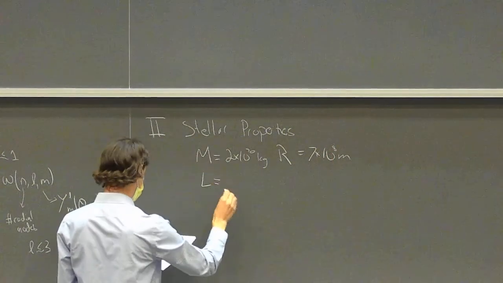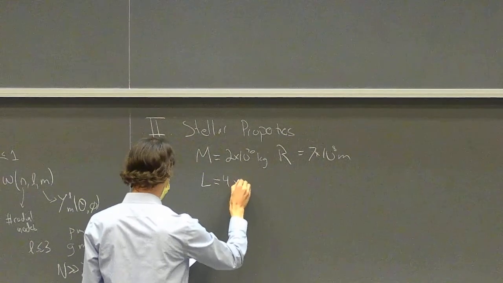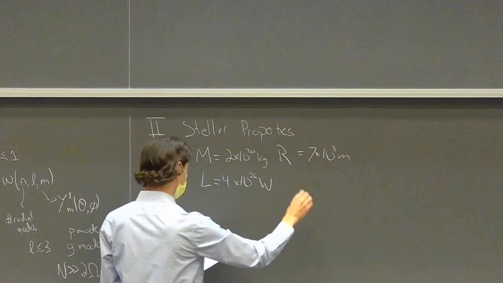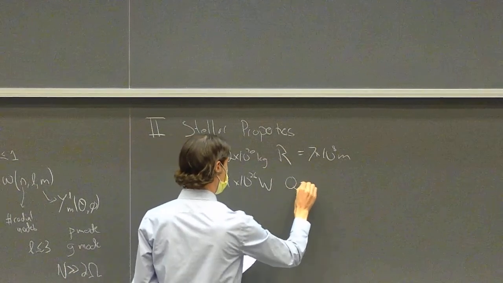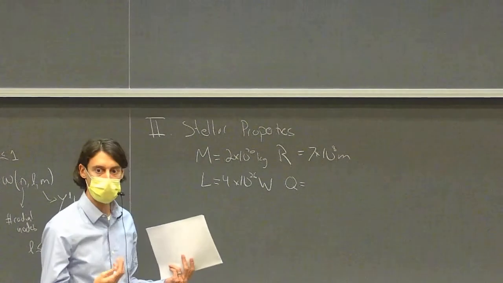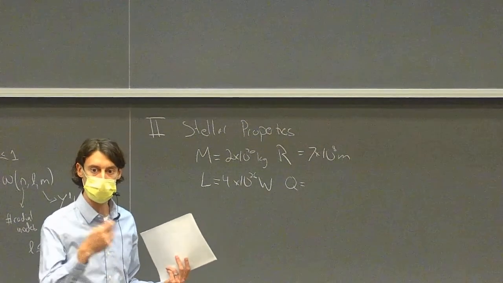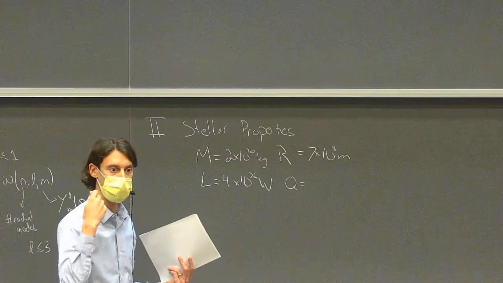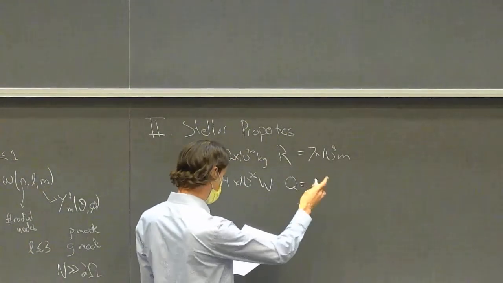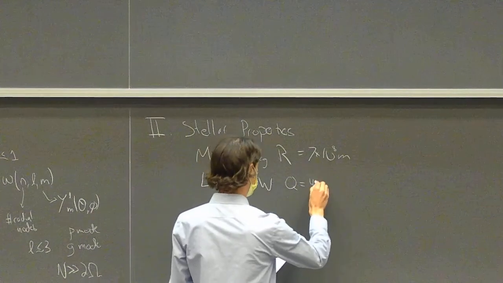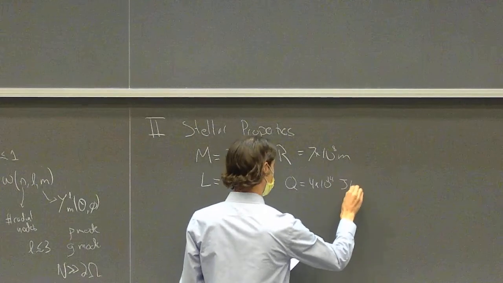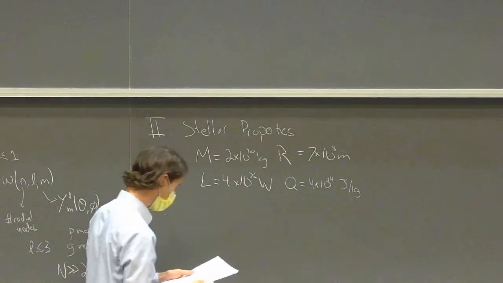The luminosity, I guess that's probably also important for climate science, is 4 times 10 to the 26 watts. And something else that's pretty important is the energy that's released by nuclear reactions. The sun is powered by fusion of hydrogen into helium, and that releases energy at a rate of 10 to the 14 joules per kilogram of hydrogen.